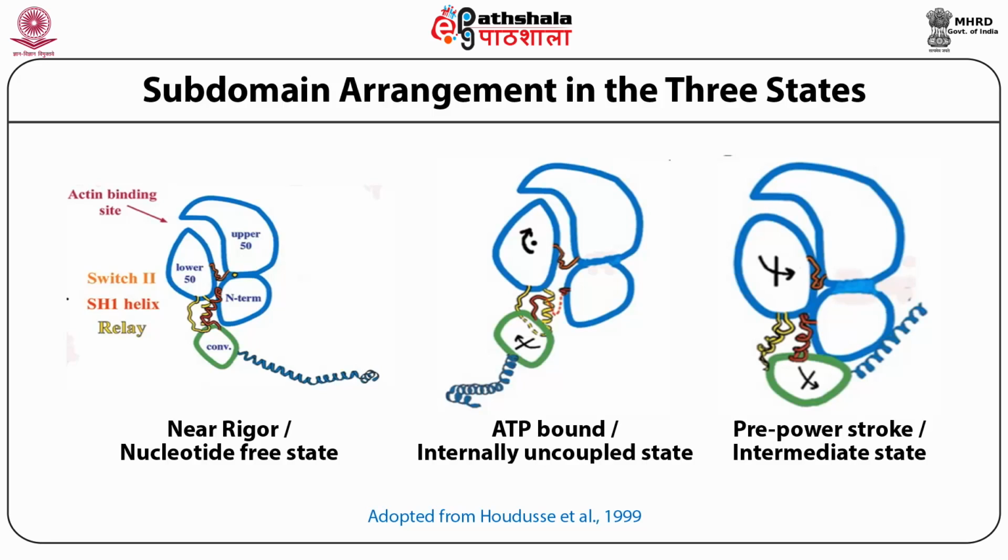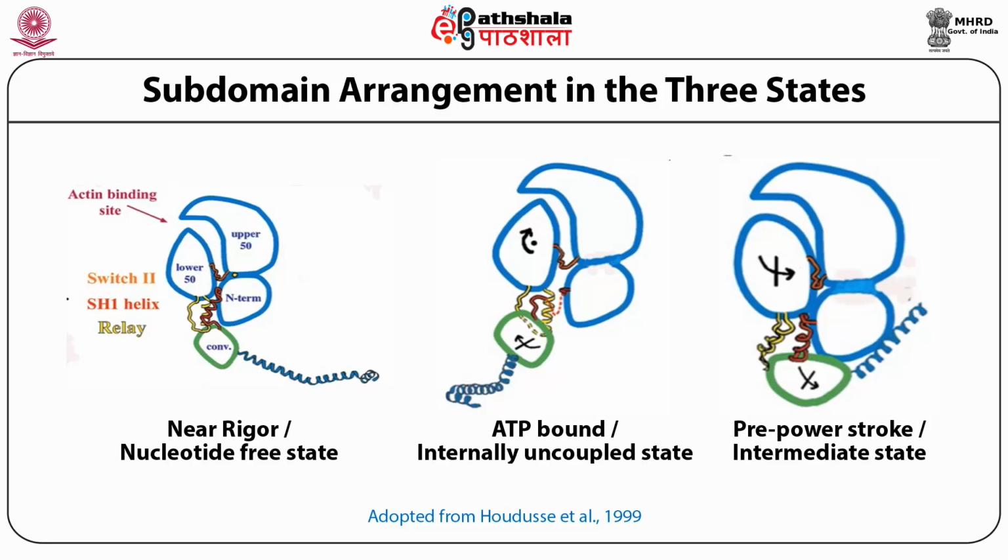To understand the Powerstroke, you need to understand these 3 different states. In the nucleotide free state, you have upper 50, lower 50, N-terminal and converter in a most relaxed state where the nucleotide could be exchanged. Once the ATP is bound, you see the internally uncoupled state.